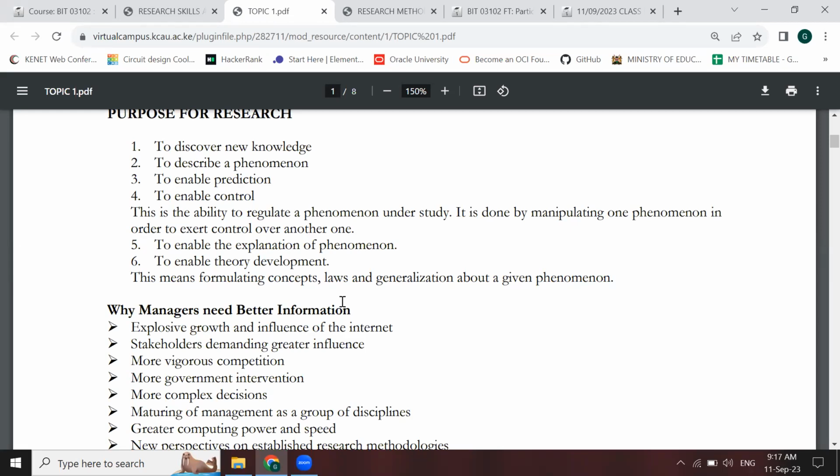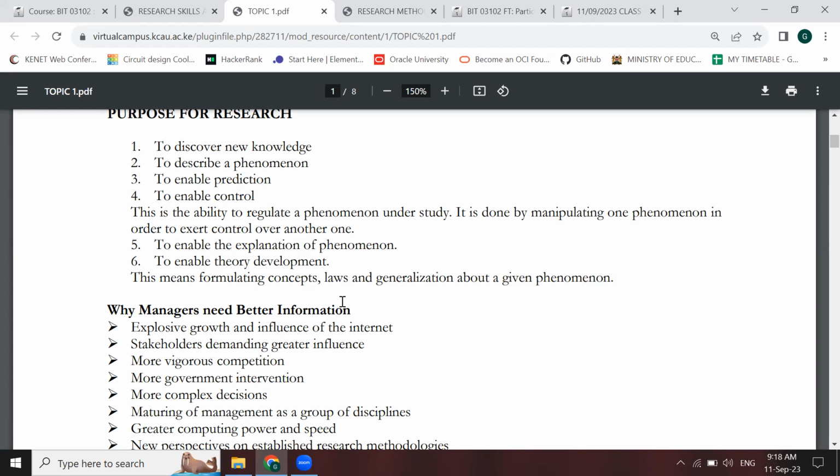A good example is this. Assuming you want to carry out a research on the perception of lecturers teaching online. So I'll have to collect data from the trainers, those who are teaching, and also from students. Then I try to analyze those to understand the relationship between those variables.